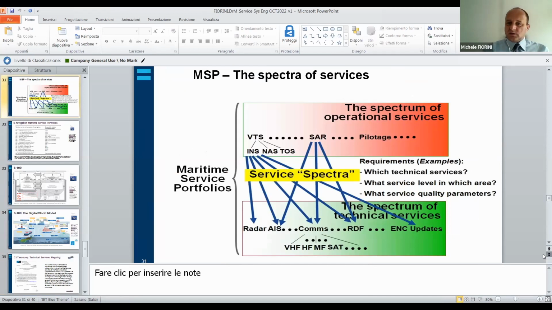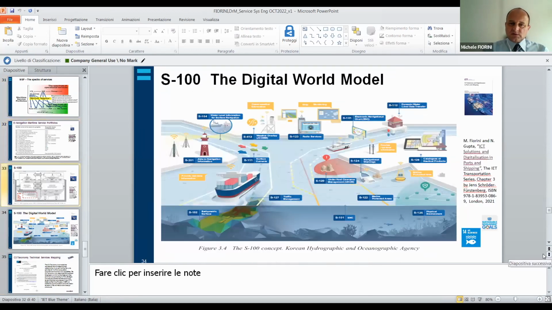The last slide I want to highlight, without going into details, is that the overall maritime domain is going to have a digital framework, and we are working hard in IALA and IMO to standardize this.